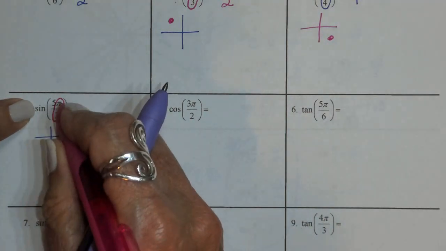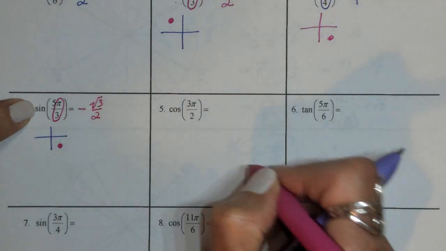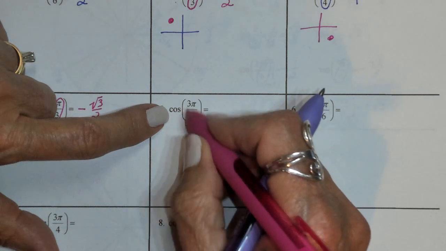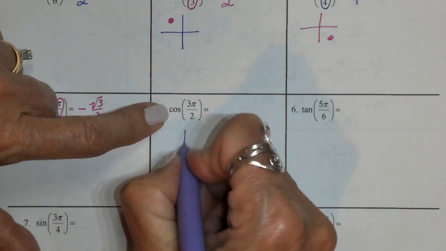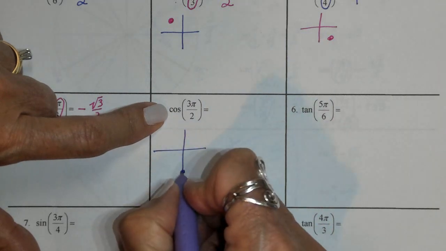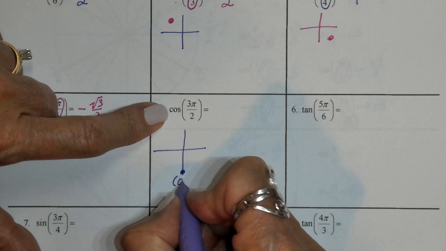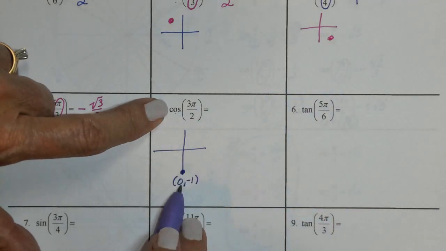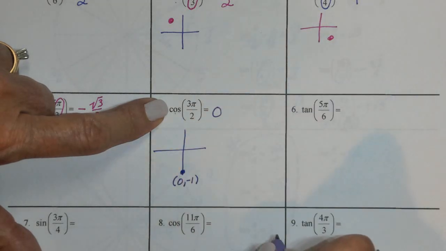Sine of pi over 3, square root 3 over 2. 3 pi over 2 is not in a quadrant, it is on an axis. It's down here. So for that one, I will name the point. This is the point 0, -1. Cosine is the x coordinate, so this is 0.